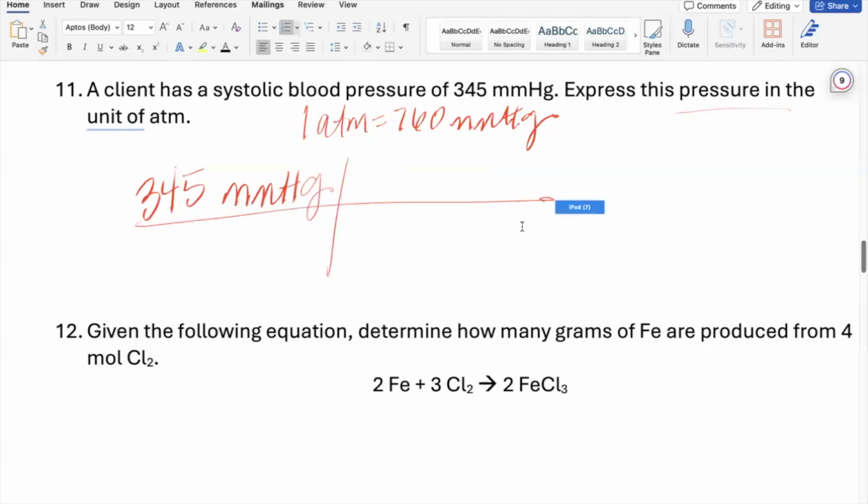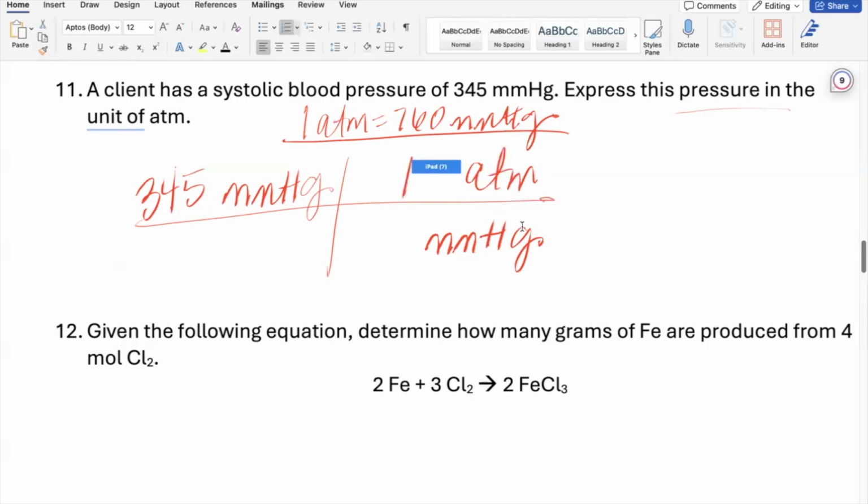This is our conversion, so we want to get out of millimeters mercury, so we put that on bottom and atmosphere on top, where 1 atmosphere equals 760 millimeters mercury. Those will cancel and leave us with our desired unit on top. So it's just 345 divided by 760 for the answer to be 0.45 atmospheres.